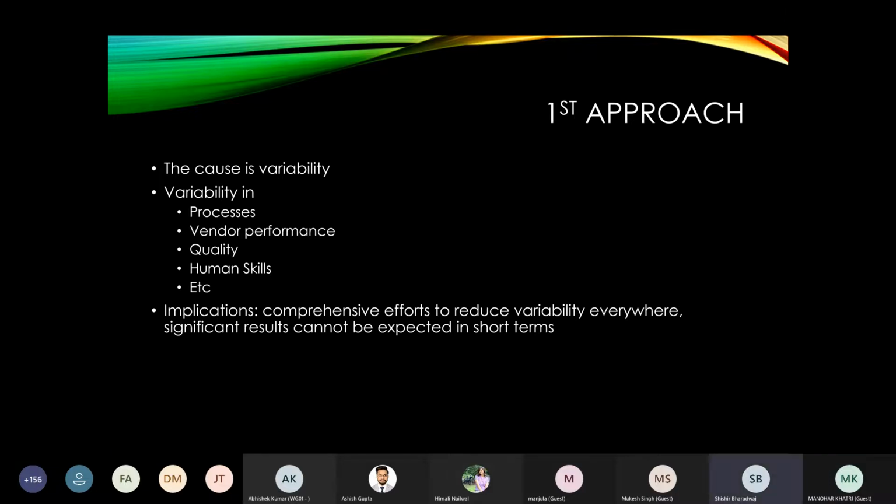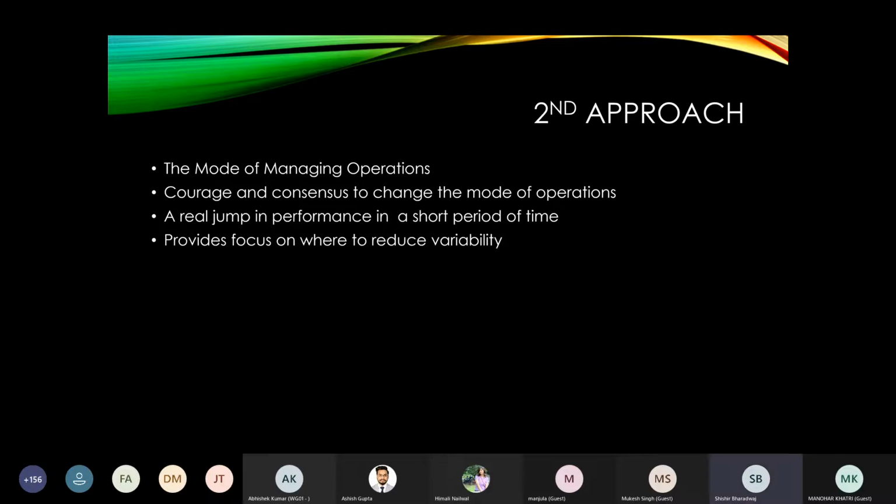Then the second approach is naturally a much different approach, which is 180-degree opposite to reducing variability, which can cause a big jump in performance in a short period of time. Why? Because you're not focusing everywhere, your resources are not spread thin, and you don't focus on controlling variability everywhere. You provide focus on where to reduce variability.